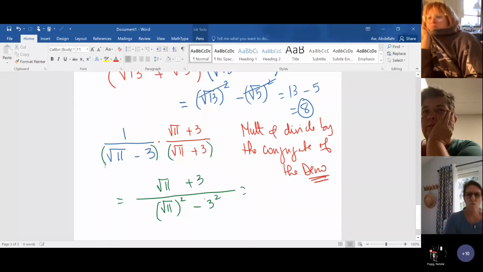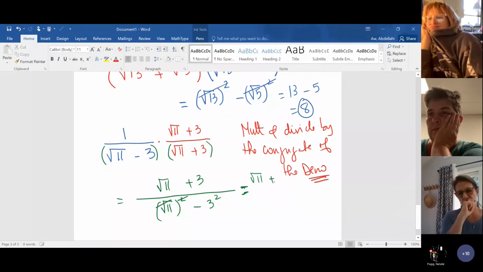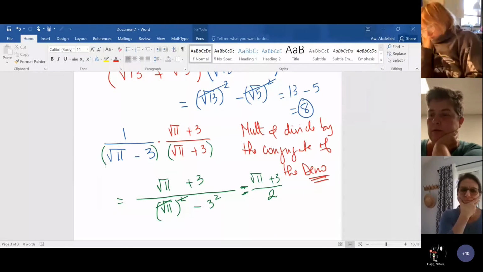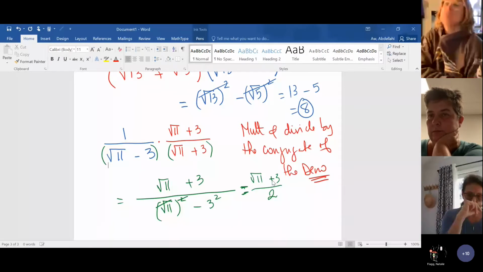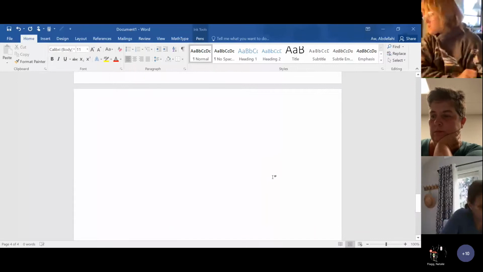These two cancel out, I get 11 minus 9, which is 2, over 2, right? When your denominator looks like this, you multiply and divide by the conjugate of the denominator.